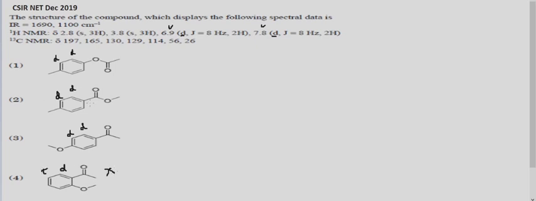So we have to find out the answer from the rest of the 3, but if you remember a little of the IR spectral values, it is easy to solve this one.